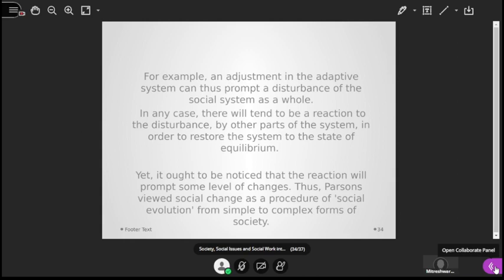This person viewed social change as a procedure of social evolution from simple to complex form of society. Aujourd'hui, tout ça est reflété. Tout à l'heure, nous avons causé par rapport à la famille, comment elle finit par évoluer au fil du temps, from extended family, from an agricultural based economy to diversified economy.